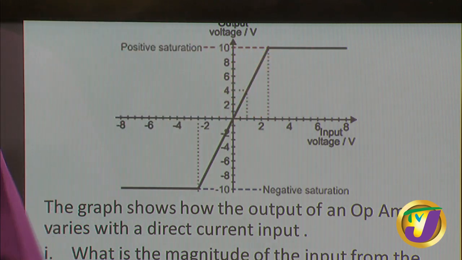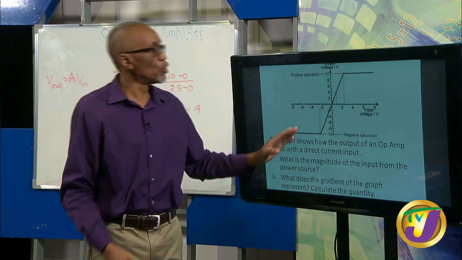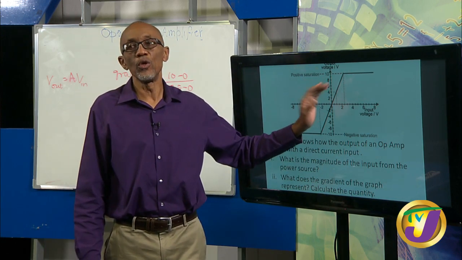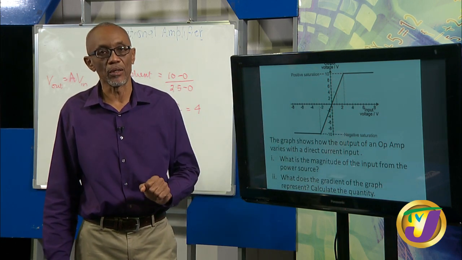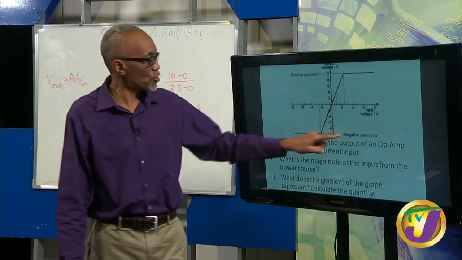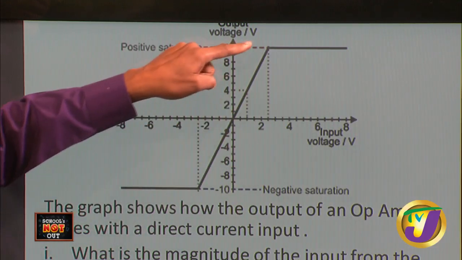When we use alternating inputs, we call the phenomenon clipping. When we use direct inputs, we use the term saturation. So we have negative saturation down here and positive saturation up here.